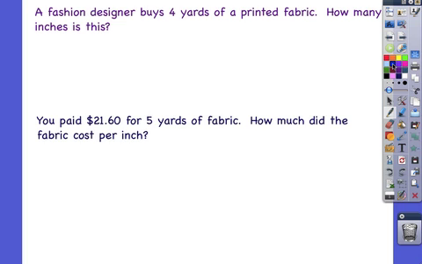So we have 4 yards of fabric. We can multiply that by a conversion ratio where we know that there are 3 feet in 1 yard. So I'm going to put times 3 feet over 1 yard, because that way I can cancel out my yards since those are now diagonally from each other. Now I need to figure out how many inches are in a foot.